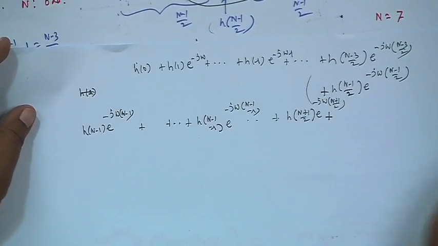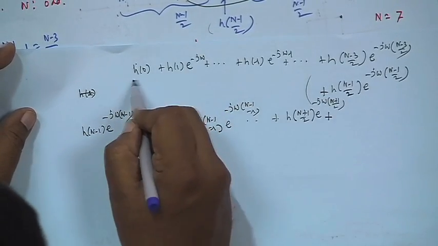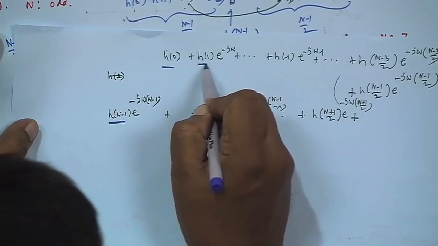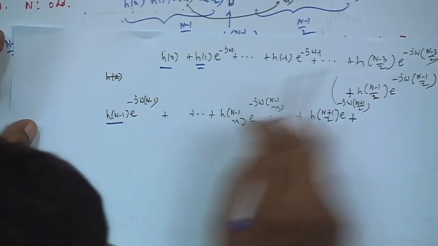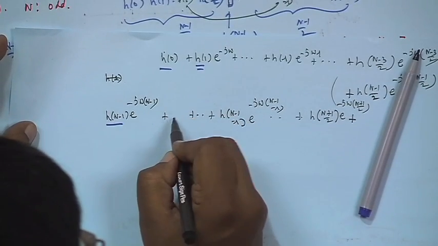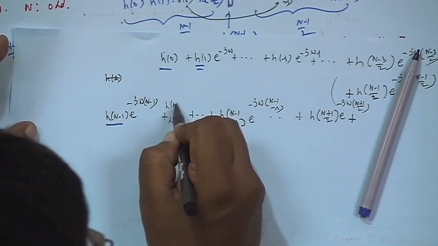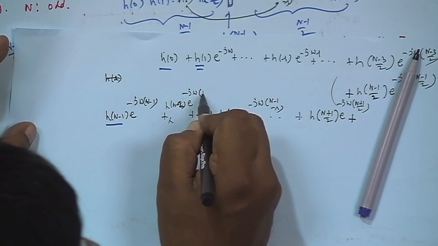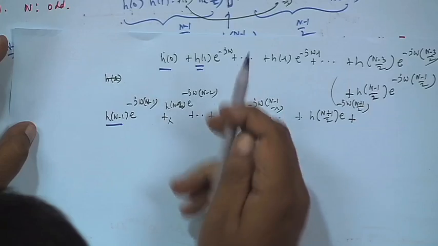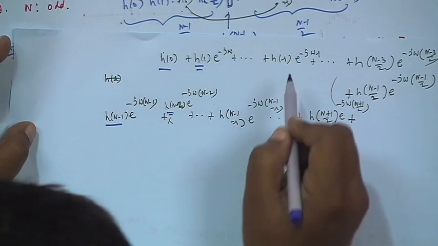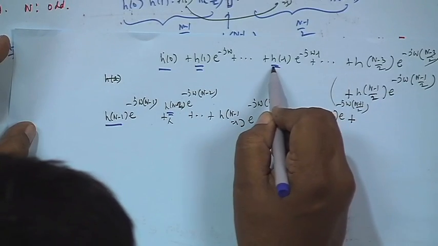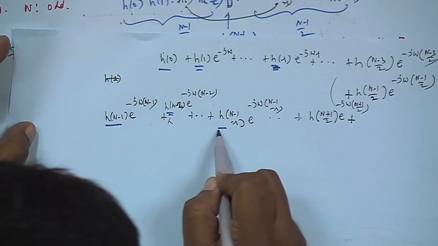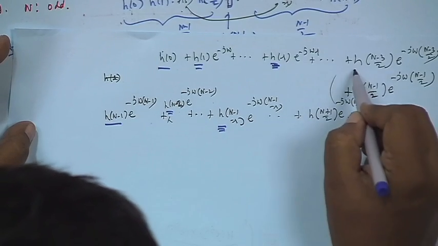And now you see, these two terms are the same by my imposition: h0 is h_{n-1}, then this term I have not written here, I could have written h_{n-2}. So, these two terms are the same, h_r and h_{n-1-r}, this guy.